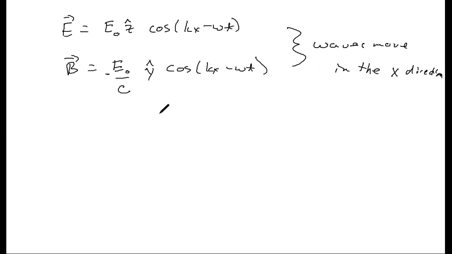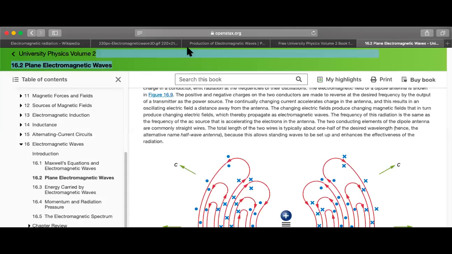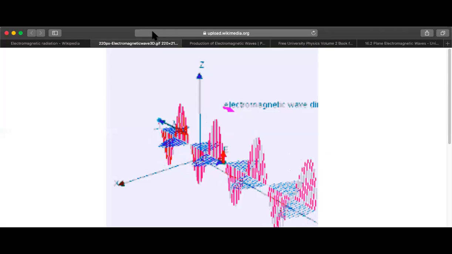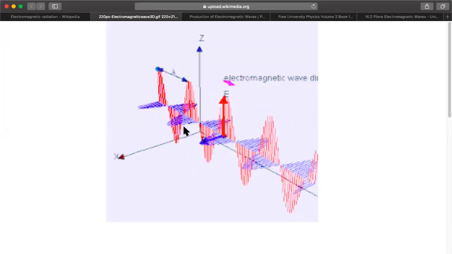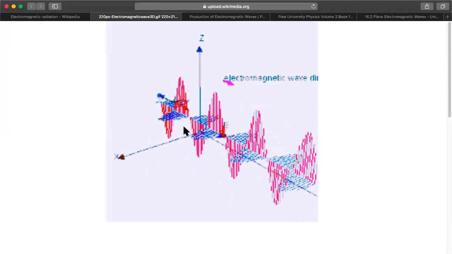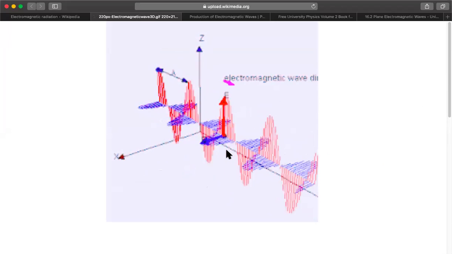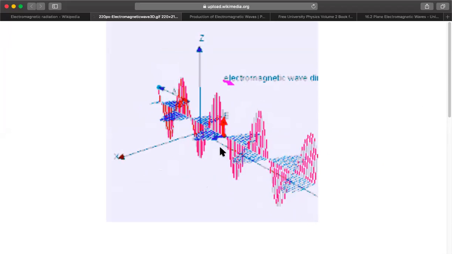So I'm going to switch over and show you an animation I found on Wikipedia that does a good job of showing what this looks like. Here's the picture we have. I know it's a little blurry, but I stretched it out to make it larger. What you have is a wave moving, okay, this is along the y-axis, but the idea still stands.